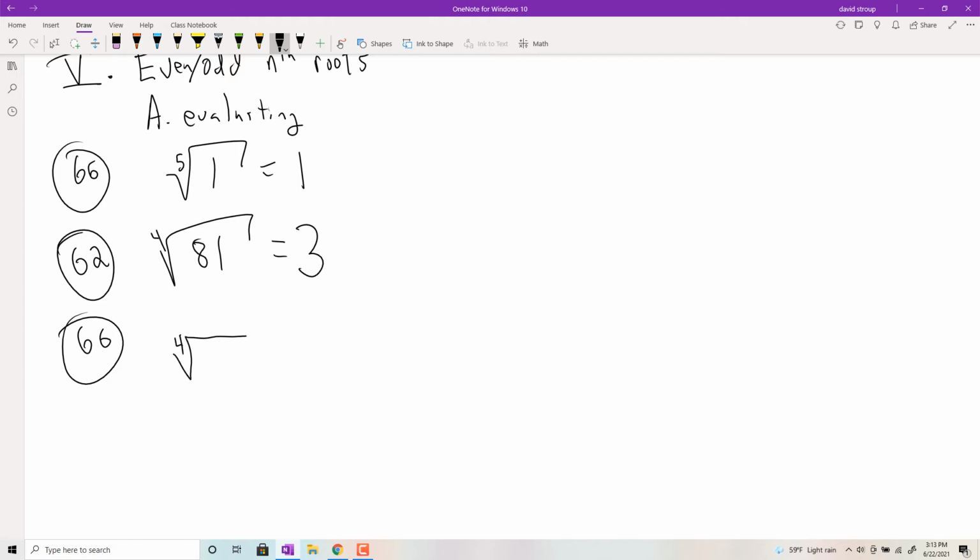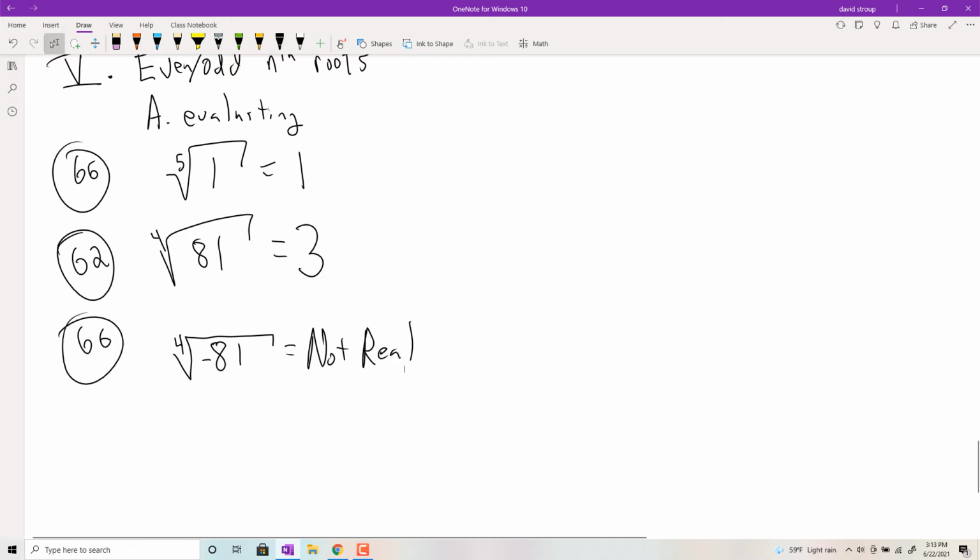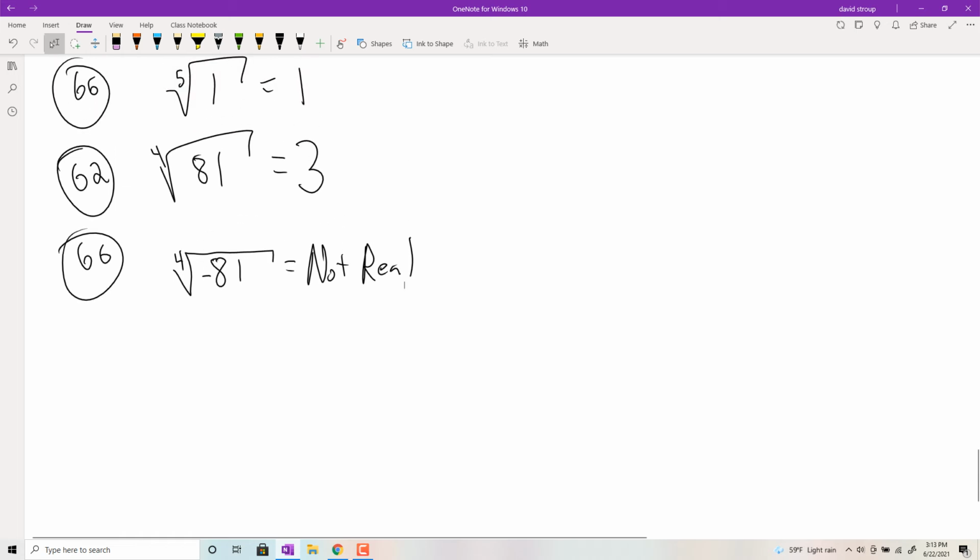Please note, whenever you have an even power, you just cannot work with the negatives inside your radicals. So this is not going to be real. 4 is even, it's divisible by 2, therefore you can't put a negative inside the root. In general, an even root of a negative is never real.